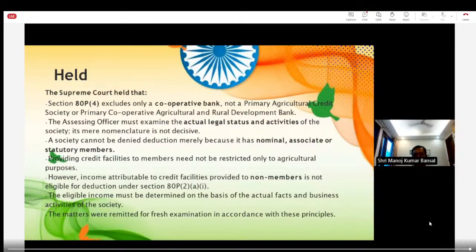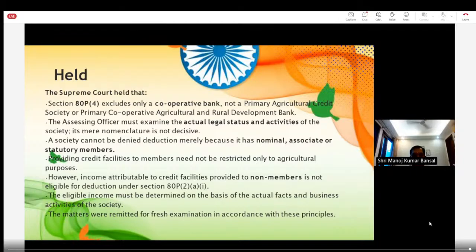A society cannot be denied deduction merely because it has nominal, associate or statutory members. Providing credit facility to members need not be restricted only to agriculture purpose. However, income attributable to credit facilities provided to non-members is not eligible for deduction under section 80P(2)(a)(i).